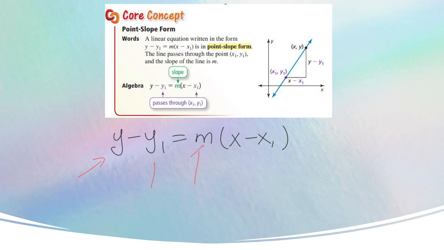Who's m? Slope. x is going to be who? x1 and y1 are going to be who? Are going to be points that the line passes through, okay? That passes through x1 and y1. Okay? We will take a look at these.